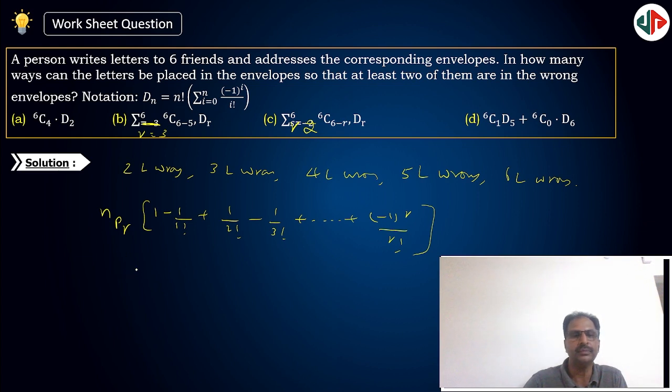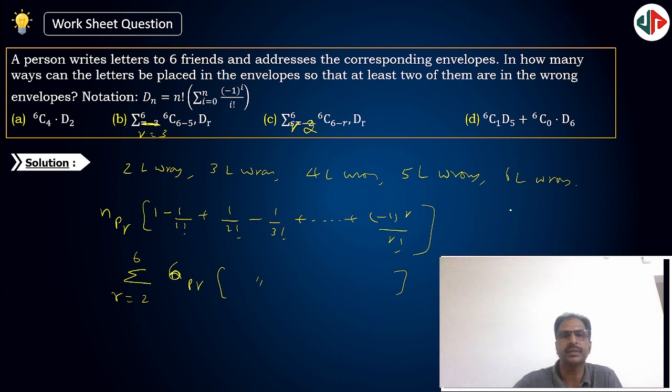So this is nothing but sigma r is equal to 2 to 6. Write down that formula nPr into this entire bracket, sigma r is equal to 2 to 6. What is n for us? 6. So 6Pr into this.